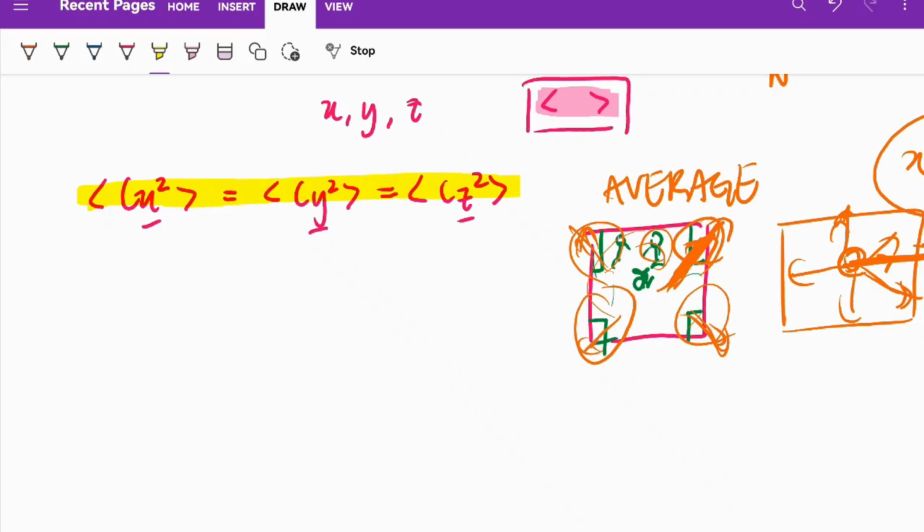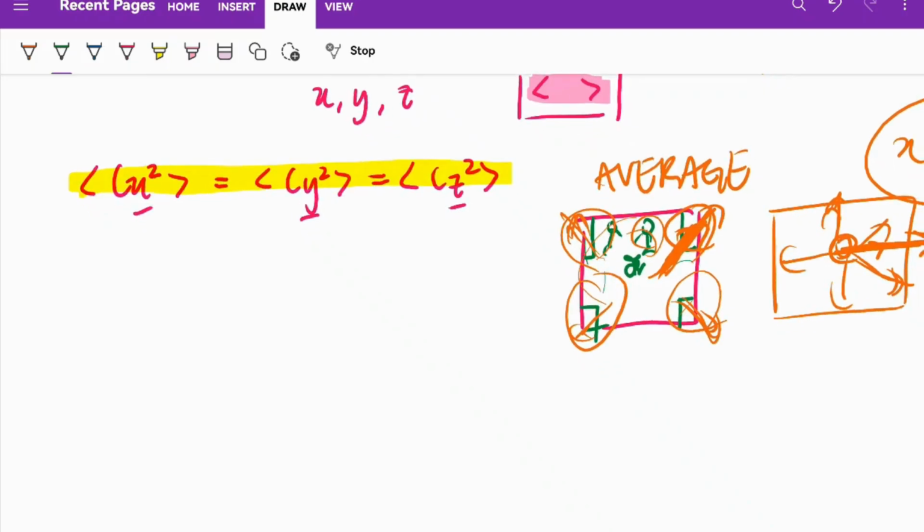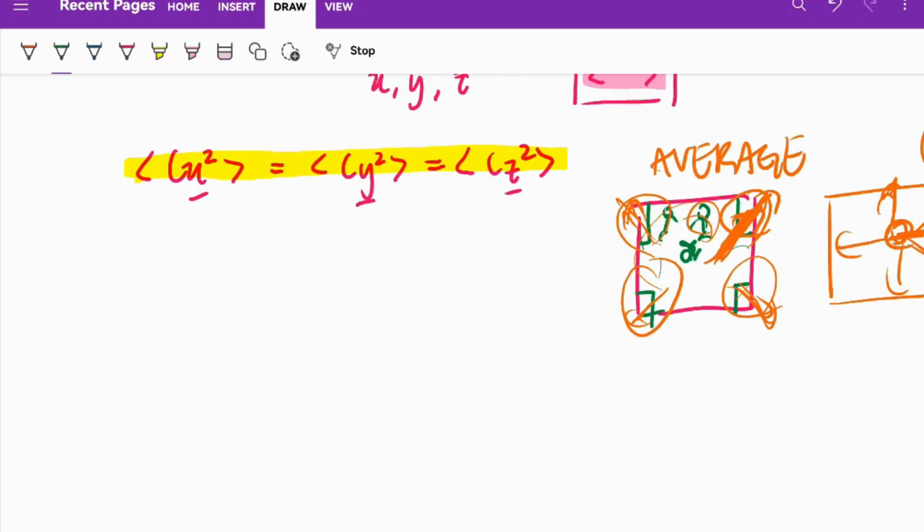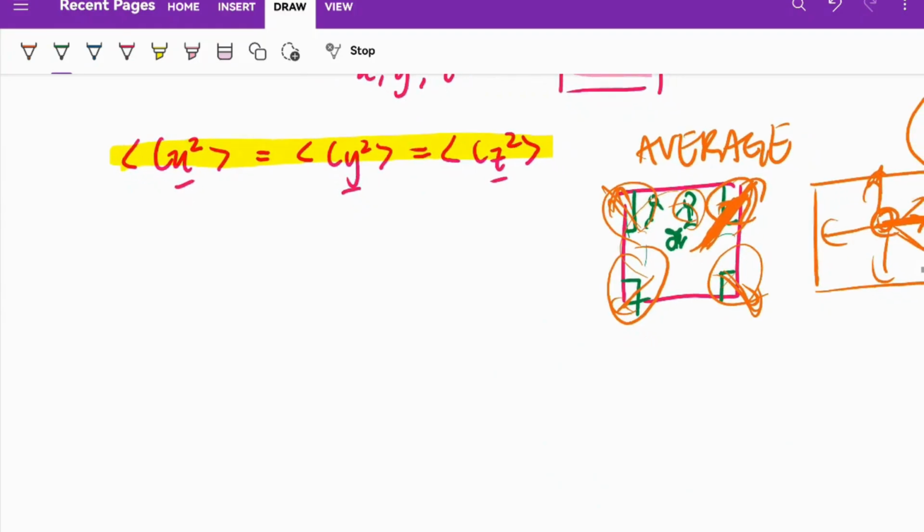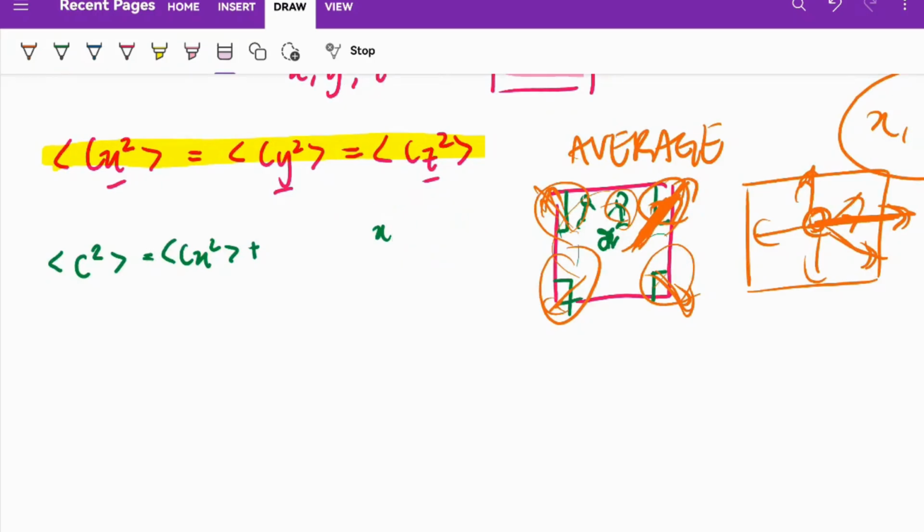Okay, so now what do we do with this information? Since they are the same, what will be the sum of the mean square speed, or you can say the total mean square speed? Now we have x, y, z direction. I'll denote this as c square equals cx square plus cy square plus cz square.